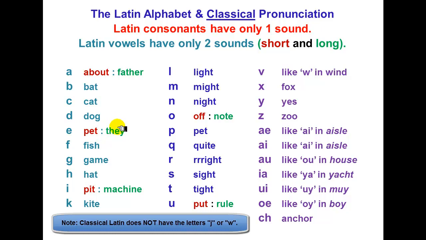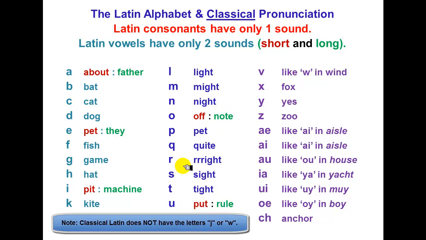It actually sounds like an A. Short I sounds like the I in pit, whereas long I sounds like the I in machine, an E sound. Short O sounds like the O in off, but long O sounds like the O in note. The short U sounds like the U in put, but the long U sounds like the U in rule.